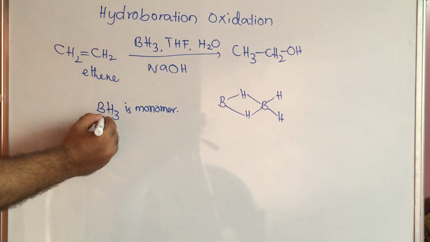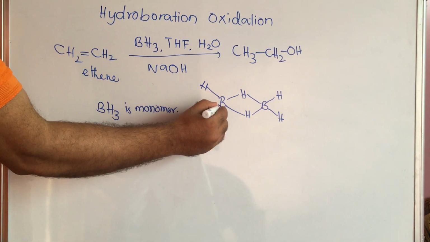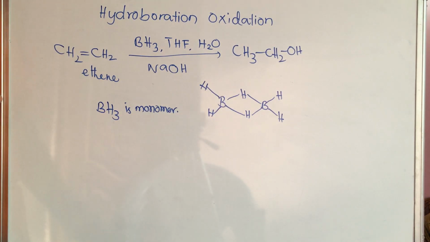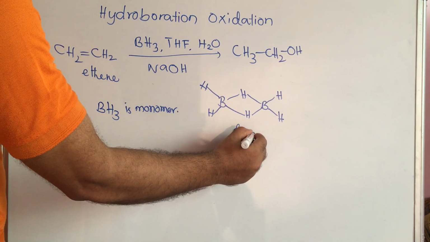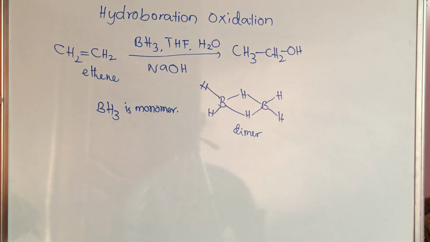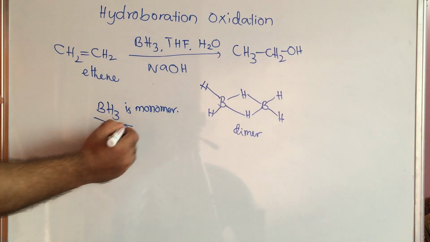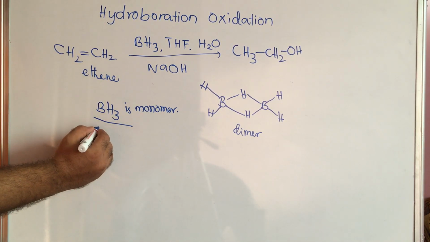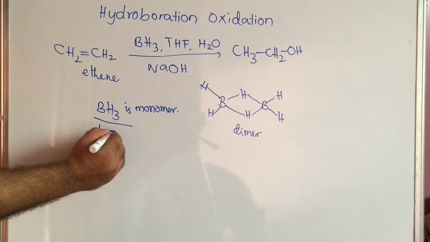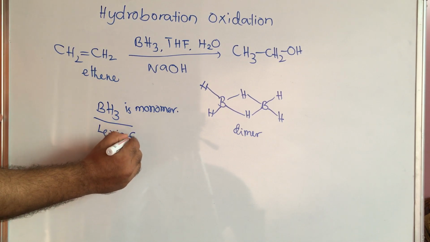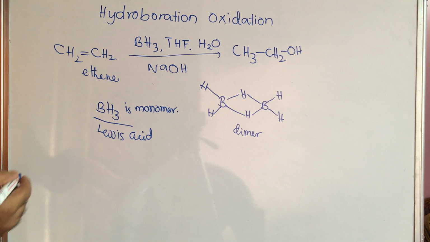This is just borane, this is diborane. It is a dimer form. So this BH3 is a Lewis acid. Lewis acid means electron pair acceptor.